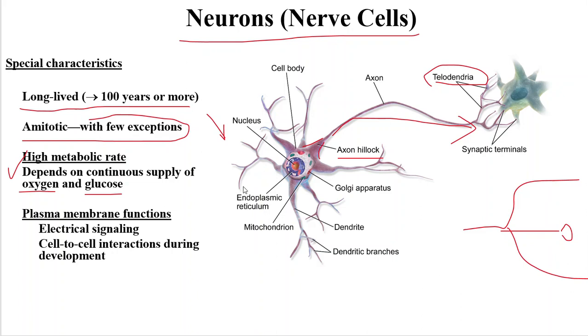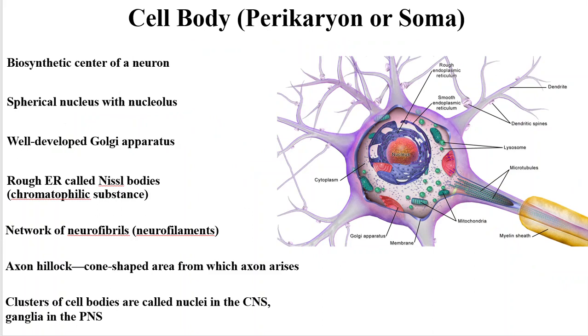These guys, of course, are the dendrites. These guys branch. Now, another neuron can form a synapse with these dendrites. You can actually put it right there on the axon hillock or on the cell body. We'll talk more about that later too when we get to the specifics.